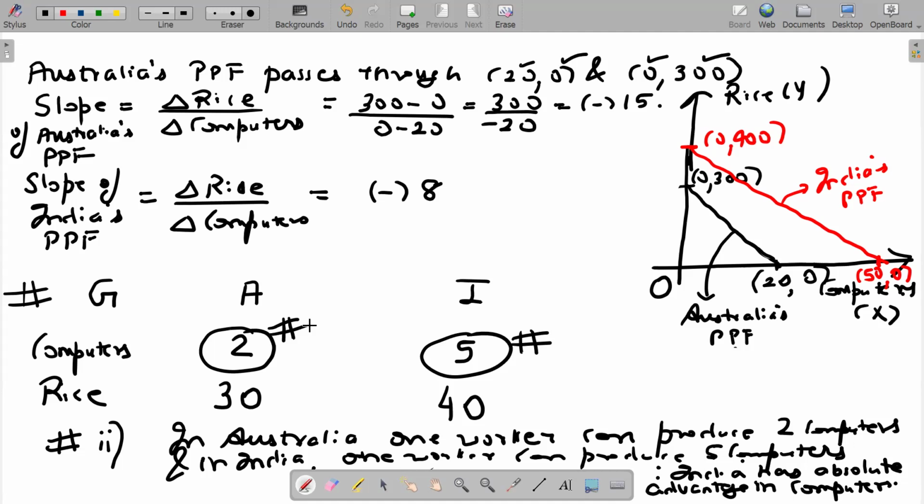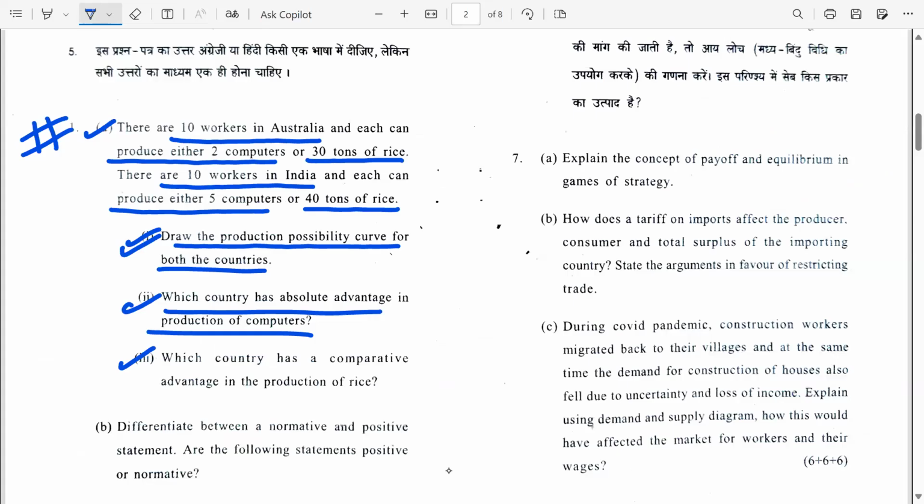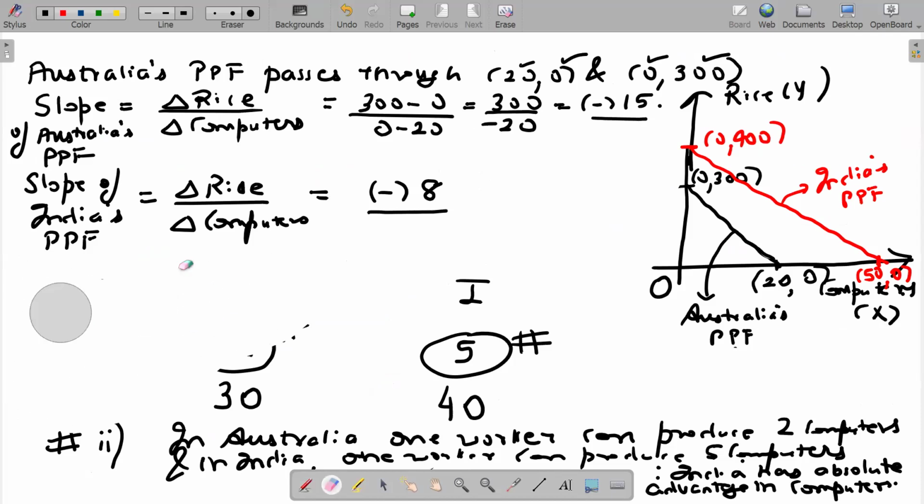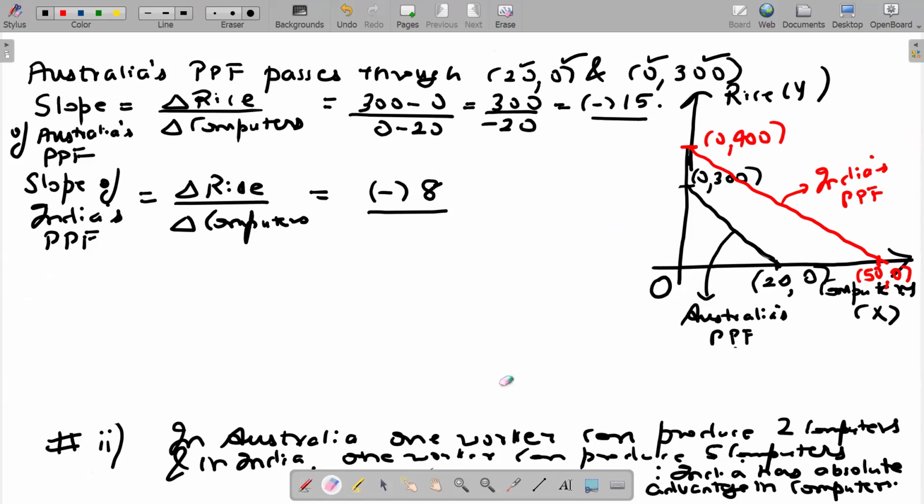Coming back to the question paper, which country has a comparative advantage in production of rice? Now for comparative advantage, we compare the slopes. Very simple. So look at the slopes. For Australia, it's minus 15. For India, it's minus 8. How do I interpret it? So I can erase this off and I can now write for part 3.